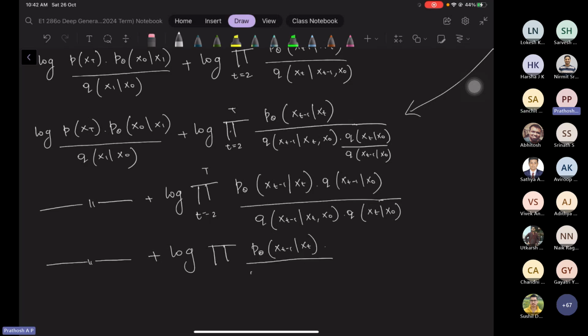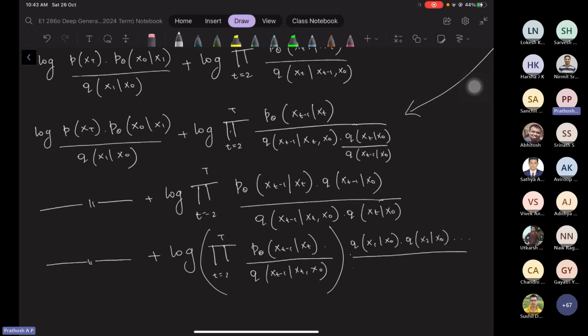So this is q of xt minus 1 given x naught divided by q of xt minus 1 given xt and x naught, for t equal to 2 to capital T. So in this term we have terms like q of x1 given x naught times q of x2 given x naught and so on.